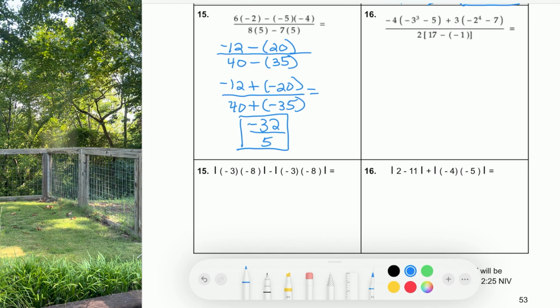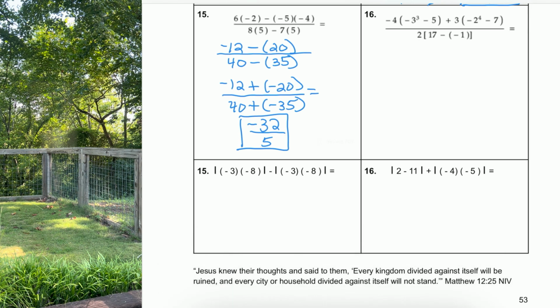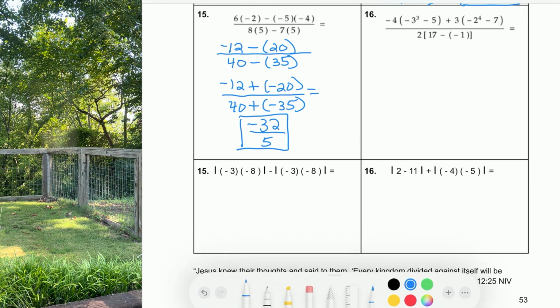Number 16. We have parentheses and exponents. So within each of these parentheses, we need to do the exponents before we deal with the subtraction. So I'm going to write that out. We have negative 4.